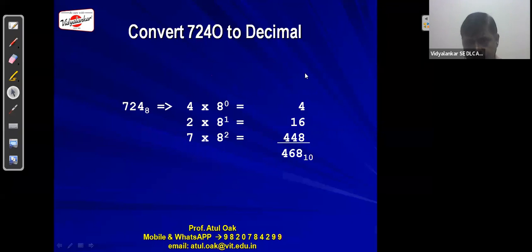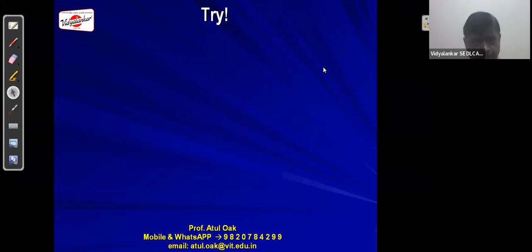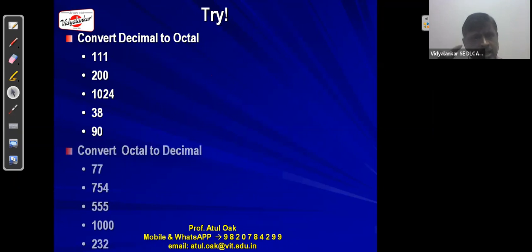Okay. And finally, this is your second homework. Now this you can take a pic and complete to get better hands-on with conversions. Convert decimal to octal, 5 questions. Convert octal to decimal, another 5 questions.